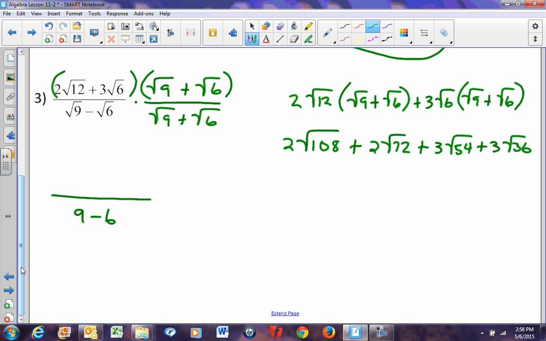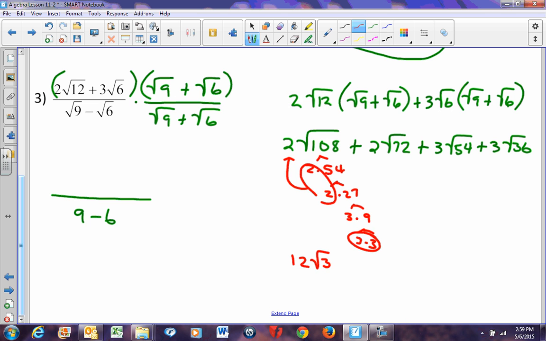So 108 divided by 2 is 2 times 54, which is 2 times 27, which is 3 times 9, which is 3 times 3. So we take out a 3, we take out a 2. 3 times 2 is 6, 6 times 2 is 12. So that's 12 square roots of 3. Next, 72, and divide out by 9, so it's 9 times 8. 9 is 3 times 3. 8 is 2 times 4, which is 2 times 2.